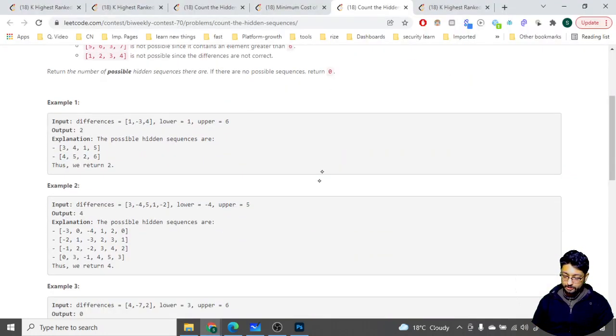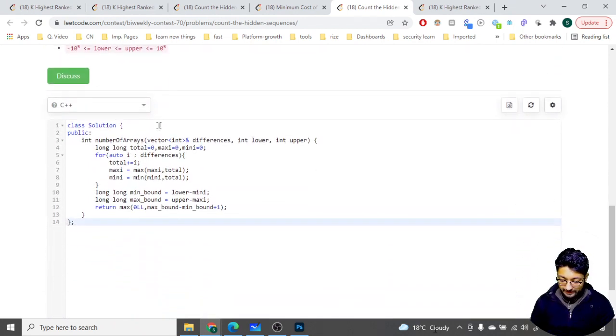I'll tell you in the code part now. What we are doing here is this is total, maximum and minimum. We are adding the numbers that we are told, the differences, and finding the minimum and maximum among them, and then the minimum bound and maximum bound. The minimum bound is lower minus mini and the maximum bound is upper minus maxi. This is what I told you, that I'm taking that buffer value to the right hand side.